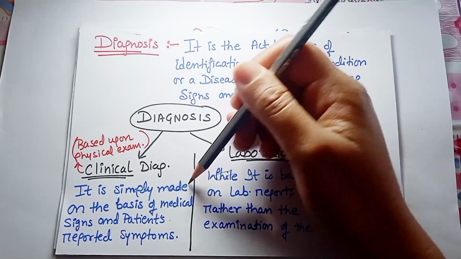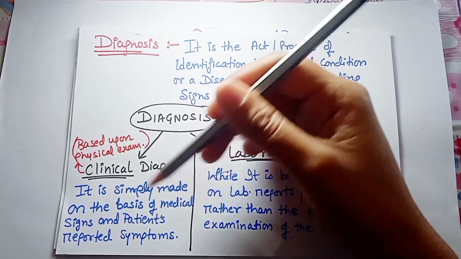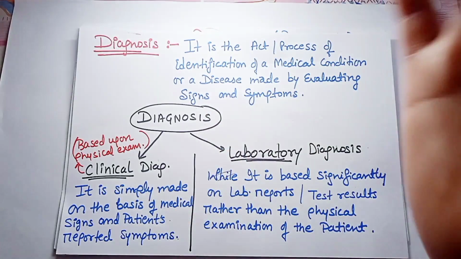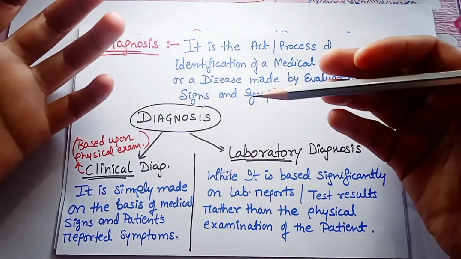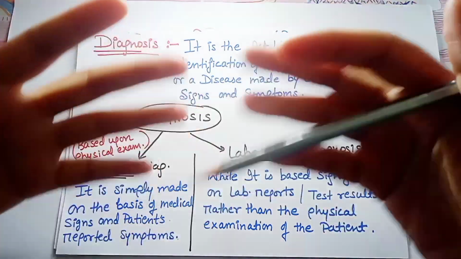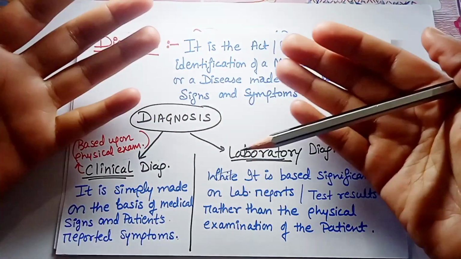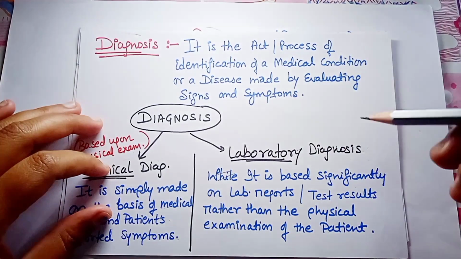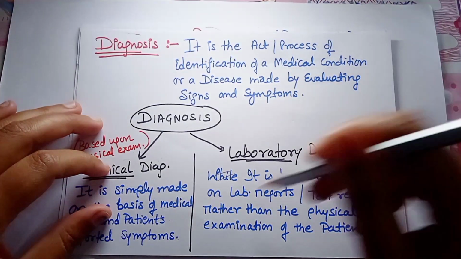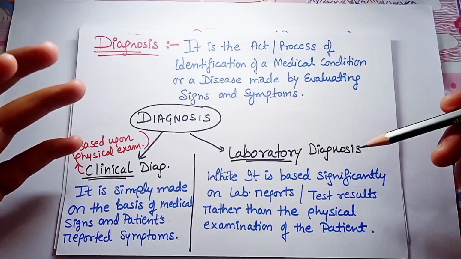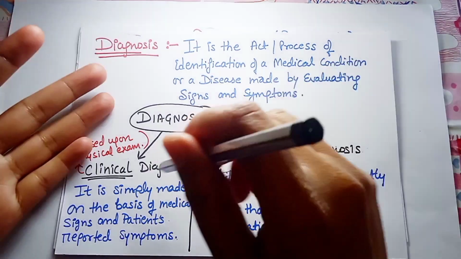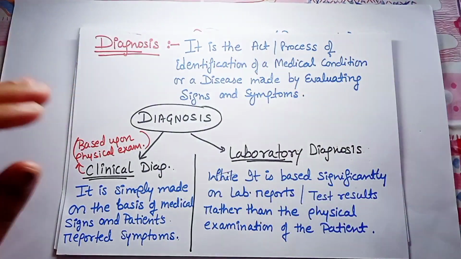It is simply made on the basis of medical signs and patients' reported symptoms without involving any kind of lab findings. While in laboratory diagnosis, it is based significantly on lab reports or test results rather than just the physical examination of the patient. We can also say that clinical diagnosis is based upon physical examination. I already told you that.